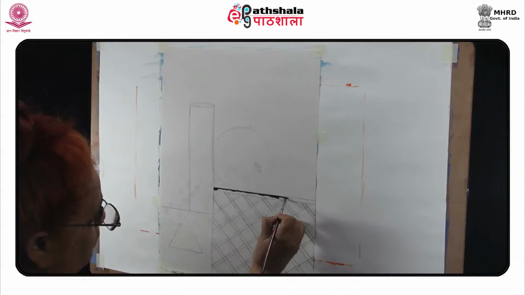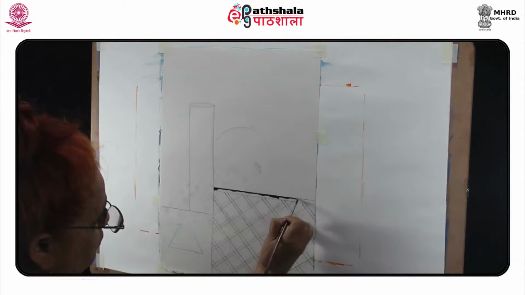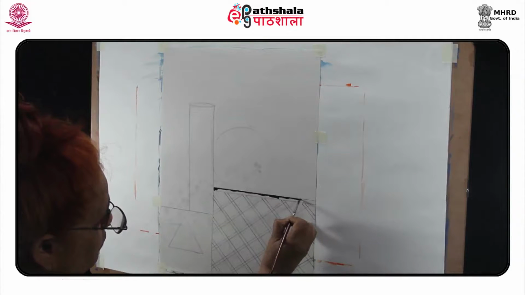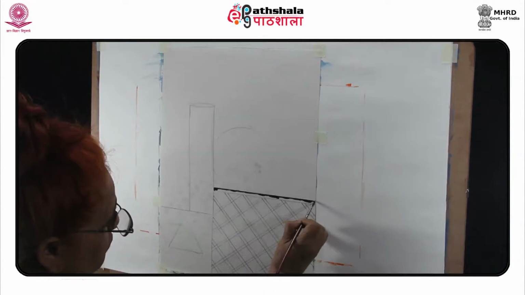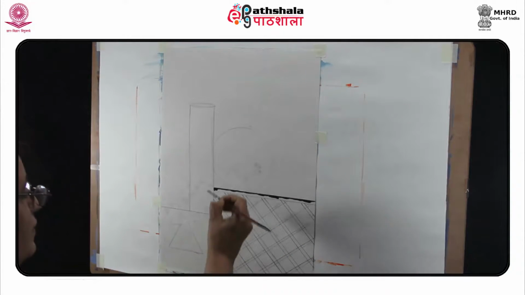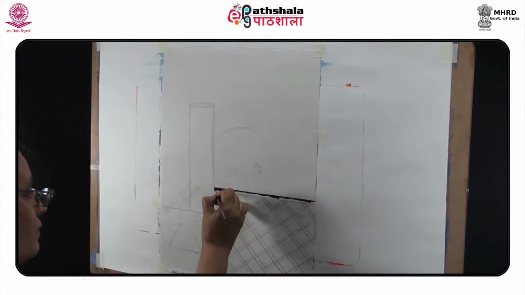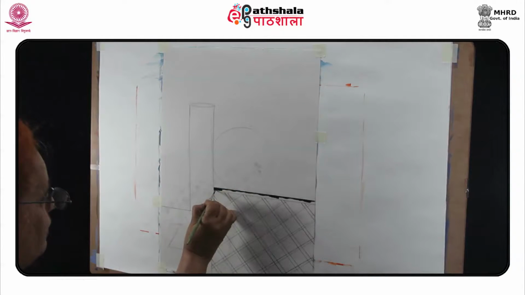Making a straight line with a brush can be quite challenging because the bristles tend to wobble and it's difficult to control the flow of the paint. Also, it requires a very steady hand.